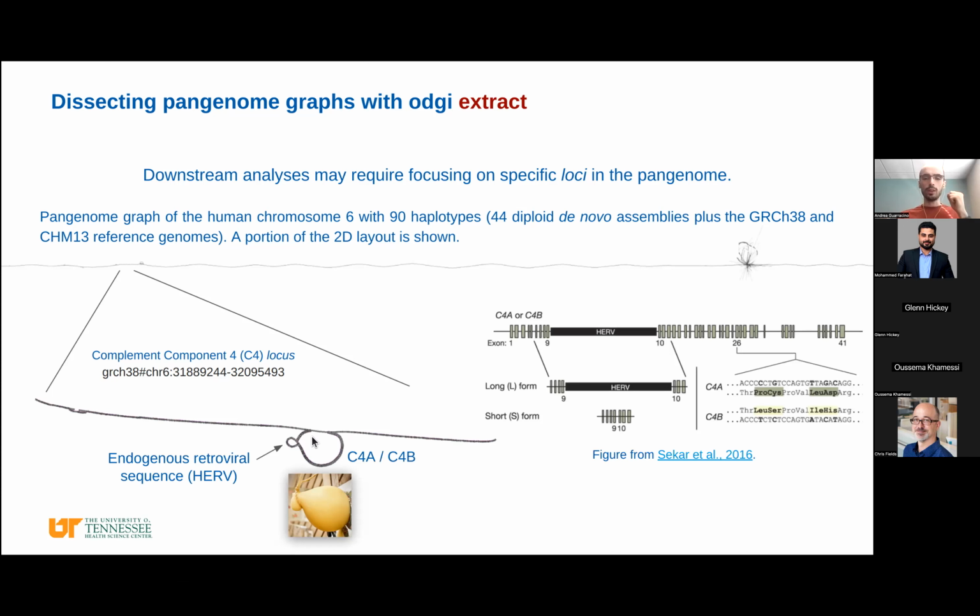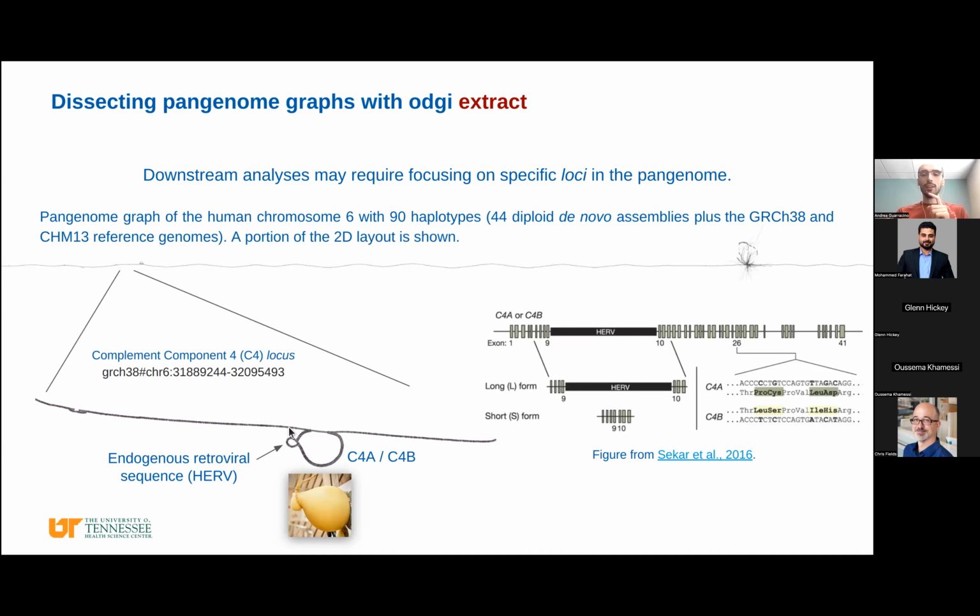This locus exists as 2 genes, C4a and C4b, that can be present in multiple copies. And this is represented with this bigger loop. So paths go multiple times in that loop to represent that I have multiple copies of these genes. But these genes can be present in 2 forms, short form and long form.